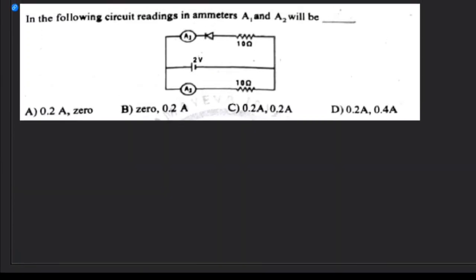And the next question is from diode circuits from semiconductors. The question is, in the following circuits, the readings in the ammeters A1 and A2 will be. So basically it is an easy question, right? Have a look here.